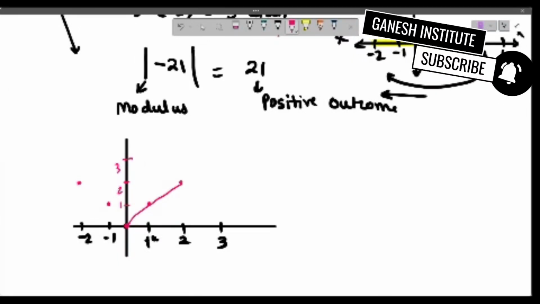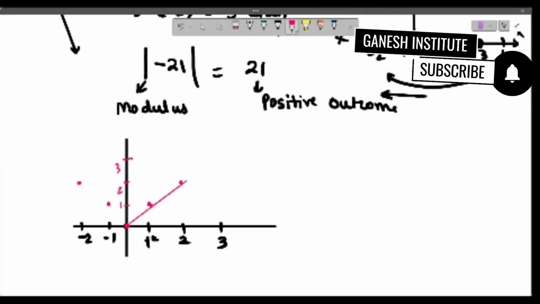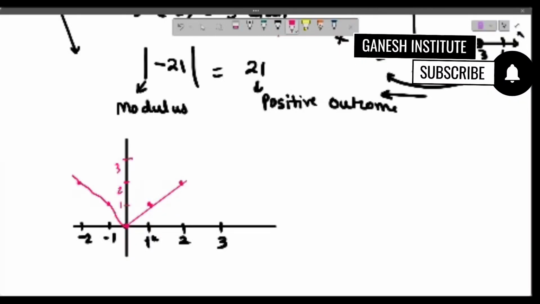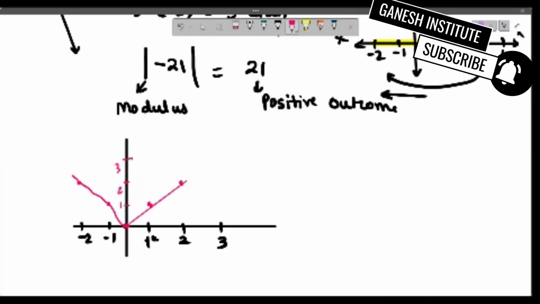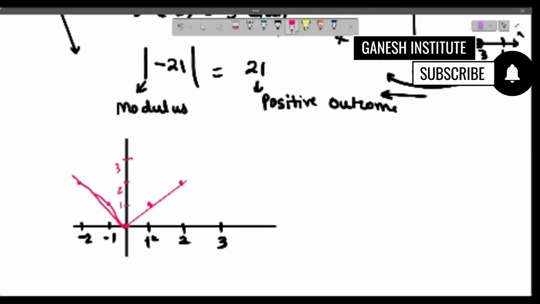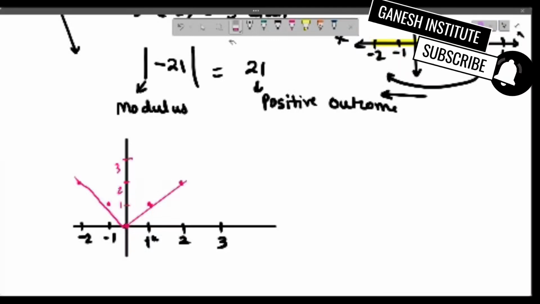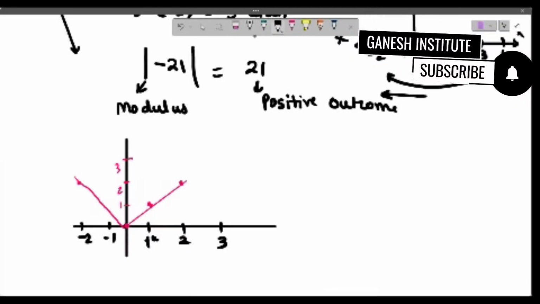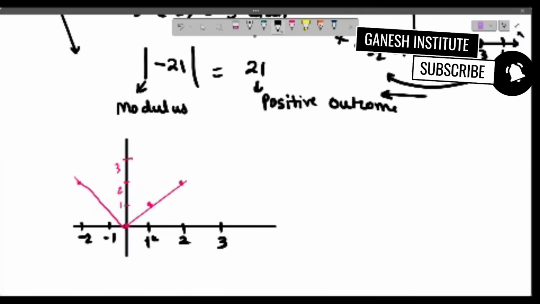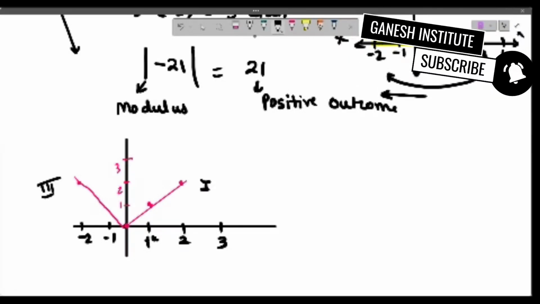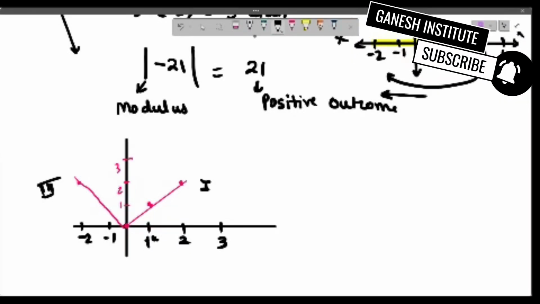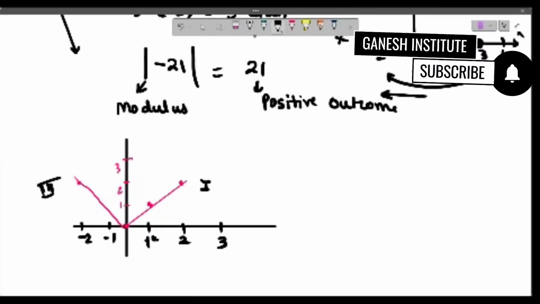So this sort of graph, this V. All the values are made positive, right? So I have first and second quadrant values for X, but Y remains positive, okay?